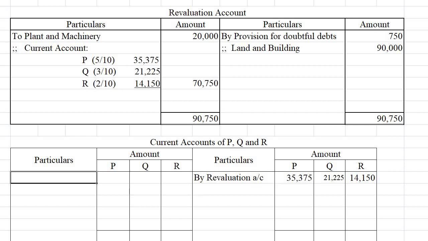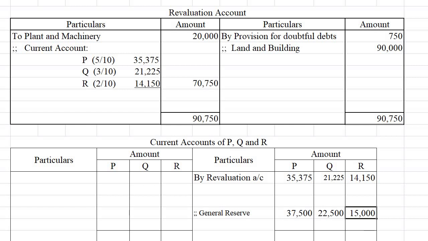Then we can write the general reserve. General reserve is transferred to the current account, that we are writing here. General reserve will be shared among the partners in the old profit sharing ratio.